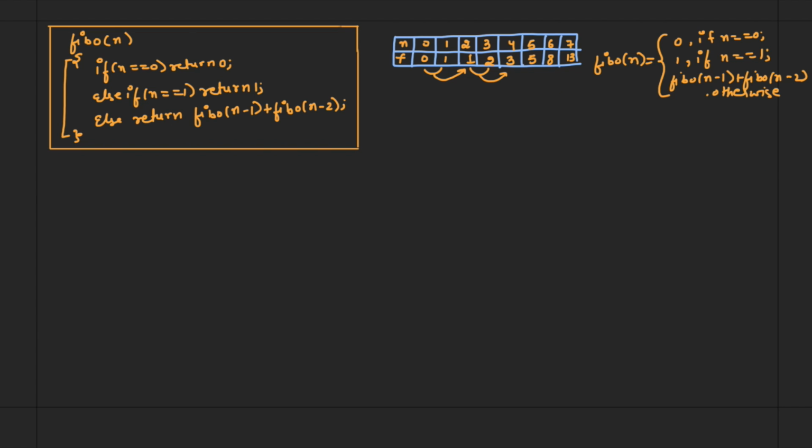Let us suppose we want to find the Fibonacci of 5. In the above program, the value of n is 5, and 5 is not equal to 0, so line number 1 failed. 5 is not equal to 1, so we are going to execute line number 3.